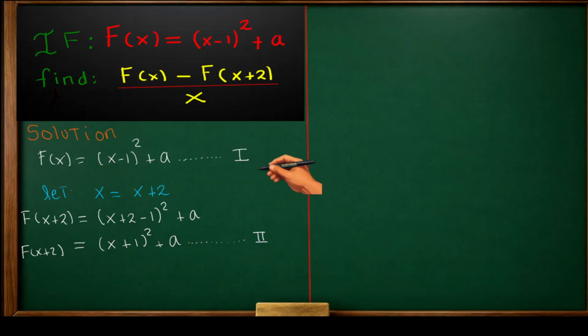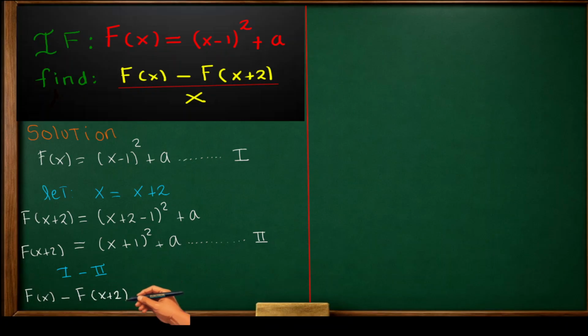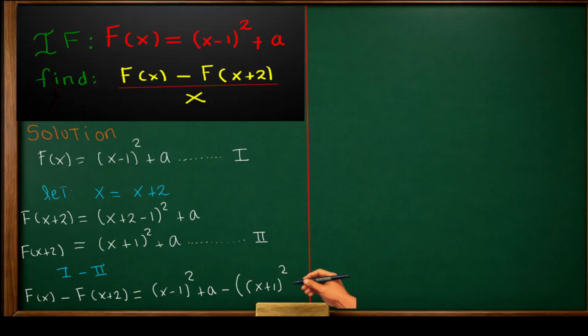Subtracting equation 1 and 2. 1 minus 2: f of x minus f of x plus 2 equal to (x minus 1) square plus a minus (x plus 2 minus 1) square, which is (x plus 1) square plus a.